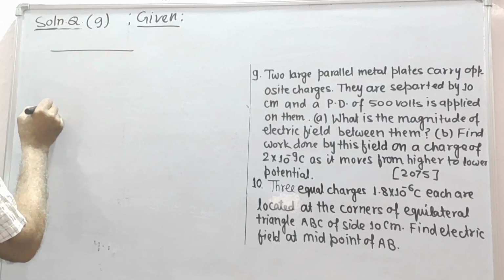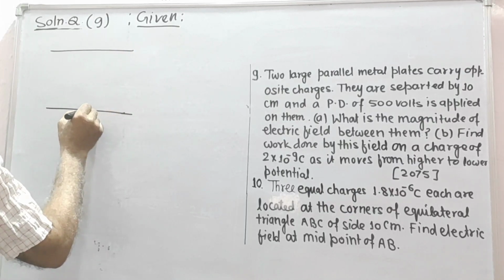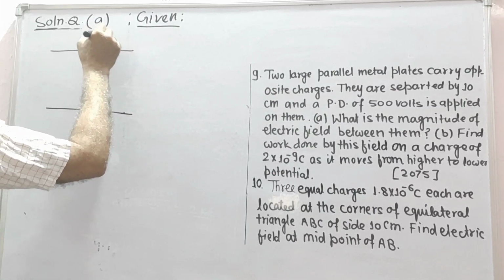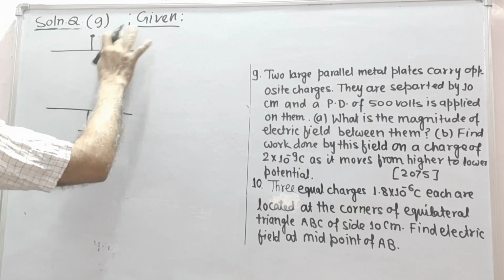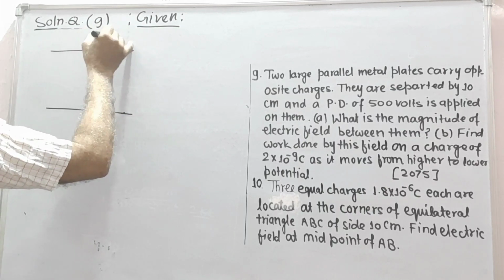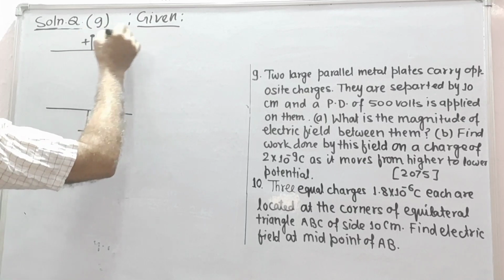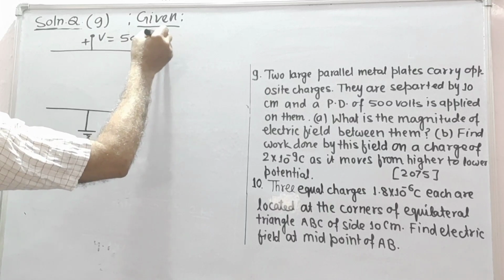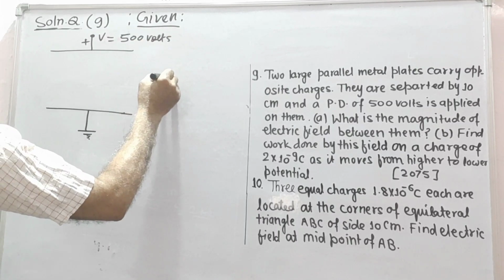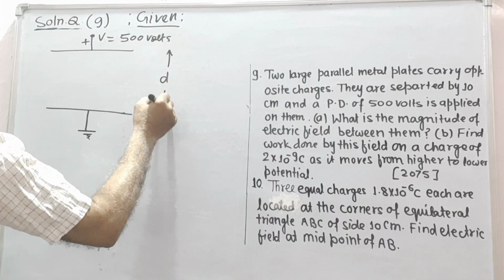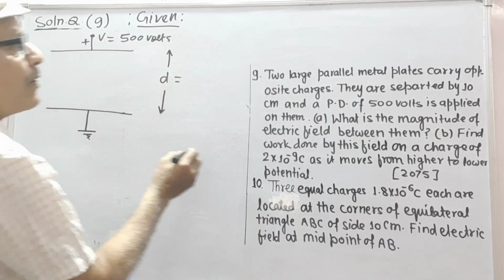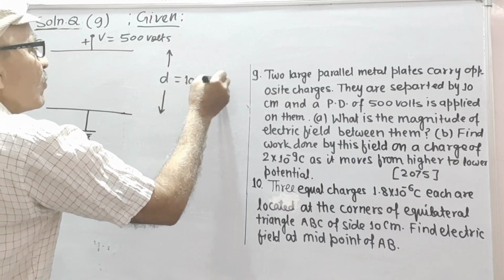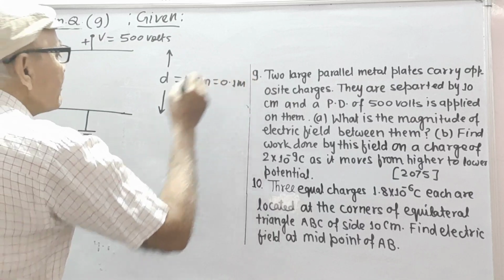Here given, these are two parallel metal plates having potential difference 500 volts. Distance between two plates is 10 cm, which is 0.1 meter.